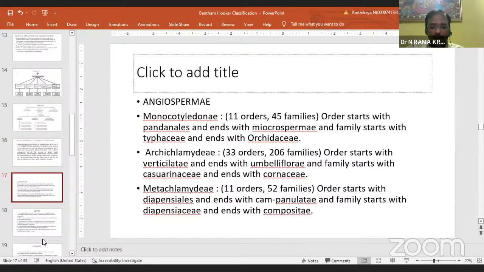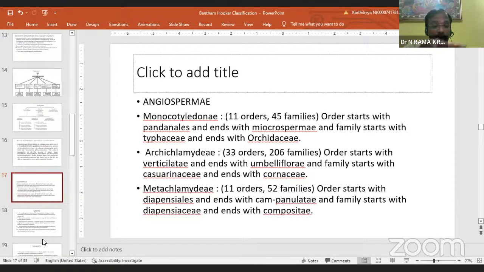The families were arranged in an ascending series, according to the increasing complexity of the flower, fruit, and seed development. In these classifications, the entire plant kingdom is divided into only 13 divisions.